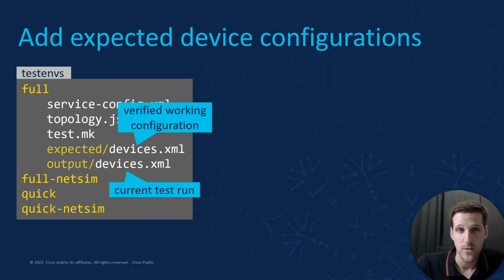In the expected folder, you store the verified working configuration. When you start out, this will probably be just a copy of output devices XML, but later on you're carefully examining any differences that pop out between the two, and you need to keep the expected configuration in a working state.